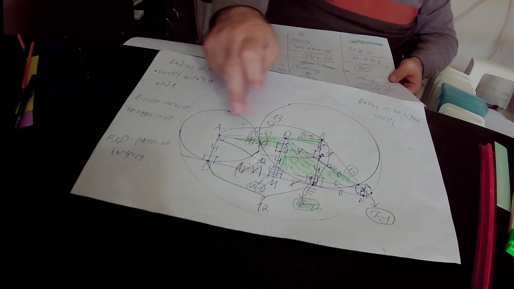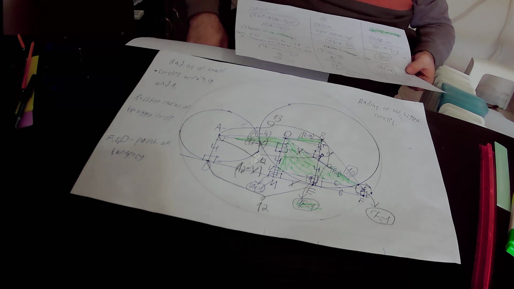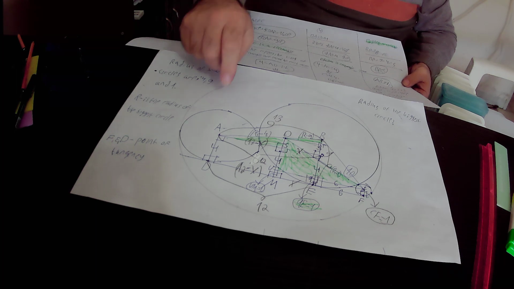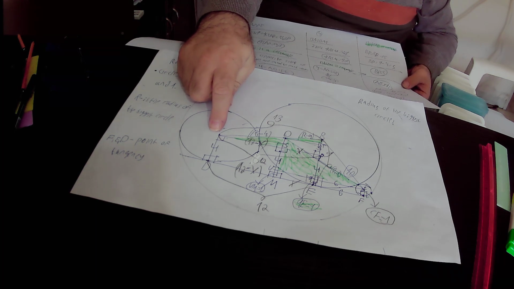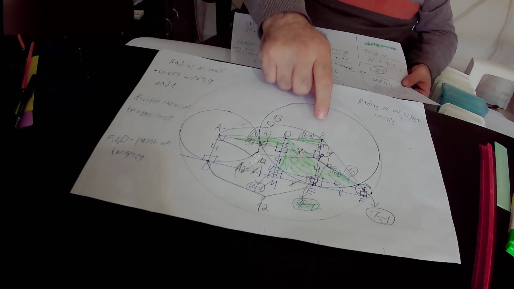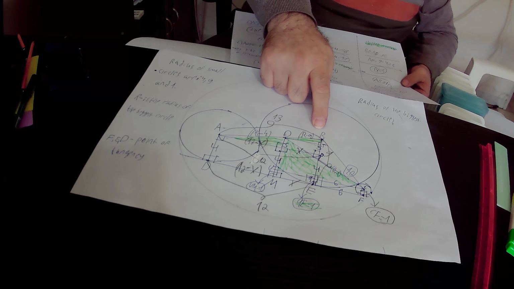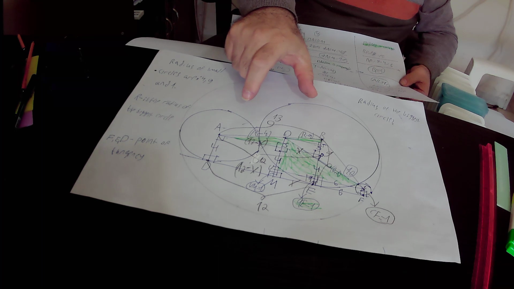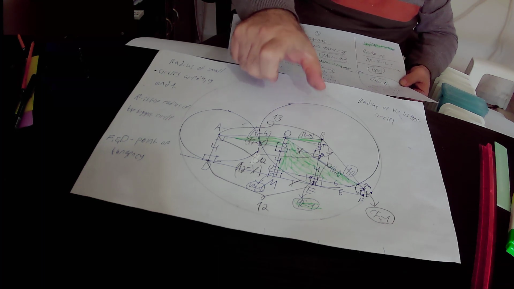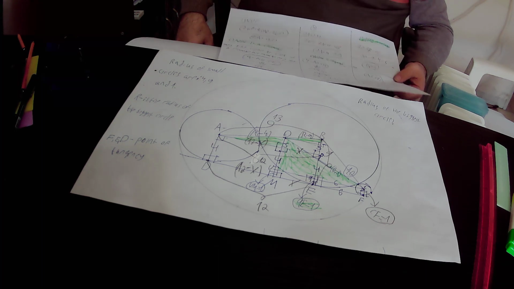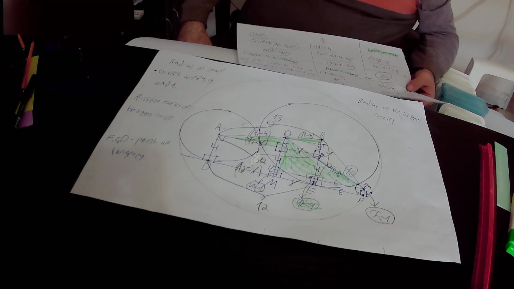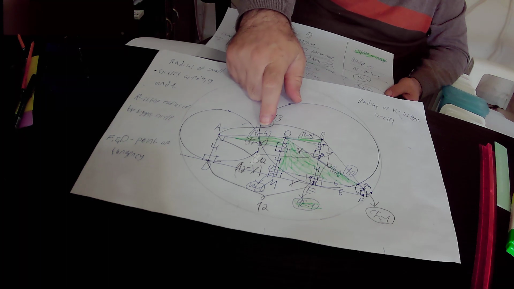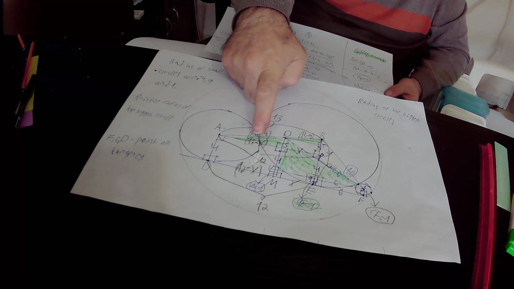Then we join points A and B together by a straight line. So what is the value of line segment AB? A is the center of this circle whose radius is equal to 4 units. B is the center of this circle whose radius is equal to 9 units. So AB is the distance between the centers. Those two circles are touching each other externally at this point.